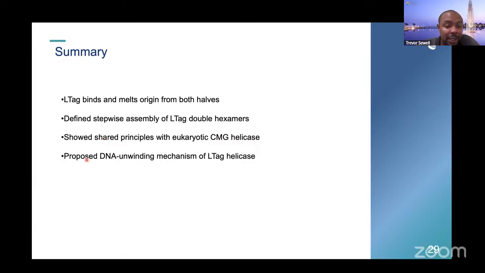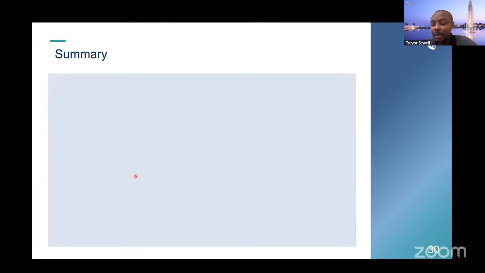And we have shown from Taha's work clearly how the LTAC helicase unwinds DNA during ATP hydrolysis. And this short video summarizes the findings of this work, which I will play now.